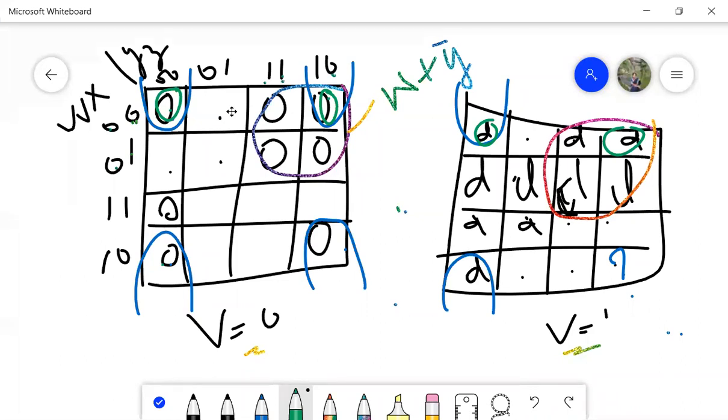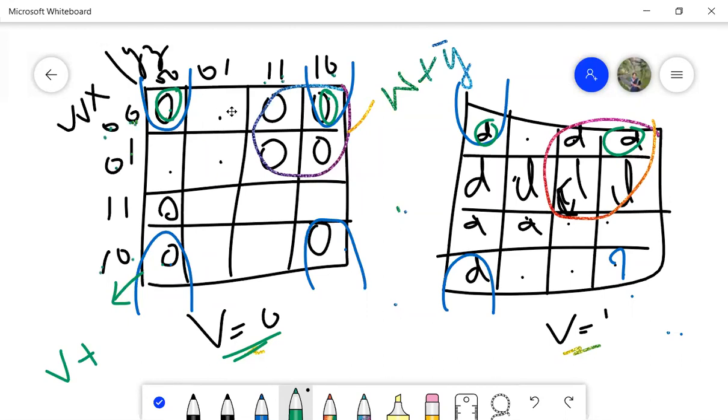For this, what will be the expression? V is equal to 0, because it is only lying in the first half of the K-map. So it will be V plus this and this. 0 and 1 of W get cancelled.